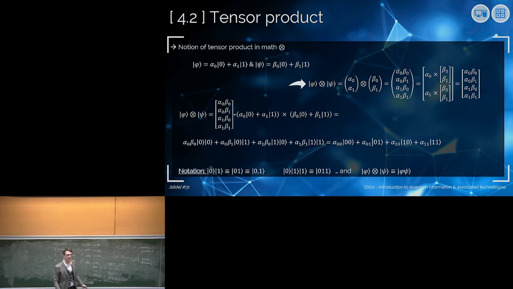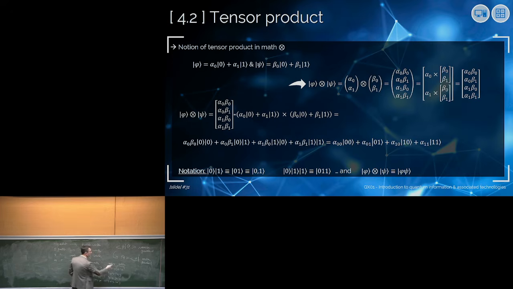Another way of doing it is that this tensor product can be seen as a multiplication operator. The only thing is, when you do multiplication operators, you need to go from this notation to this notation. But you can, this is equivalent to that.